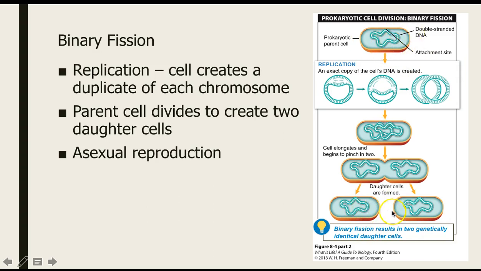These two daughter cells are genetically identical to the parent cell because the replication process made identical copies of the DNA, and those just get pulled apart. We call this process binary fission, but we can also use the term asexual reproduction, because we are making offspring, so reproduction, but sex is not involved, so asexual reproduction.